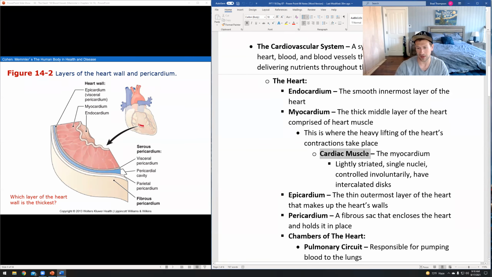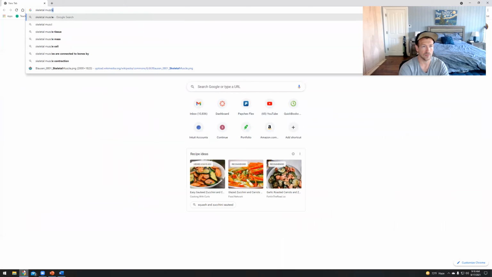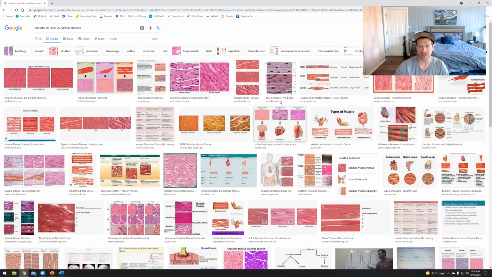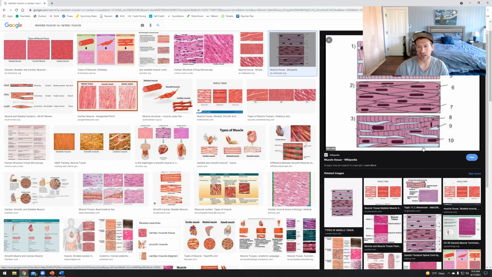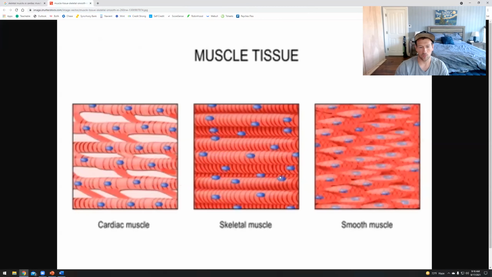Cardiac muscle, which is a name for the myocardium, is a lightly striated tissue that looks very similar to skeletal muscle, but with some slight variations. Take a look right here.